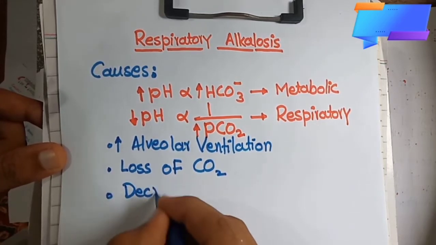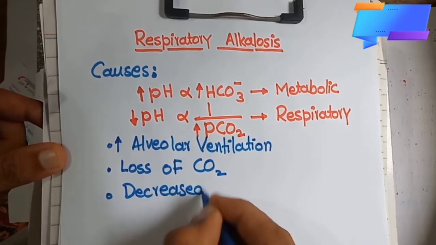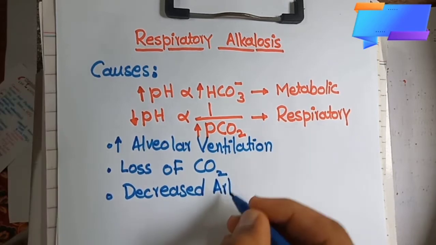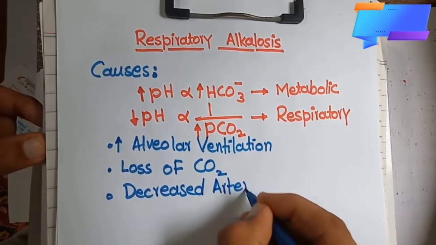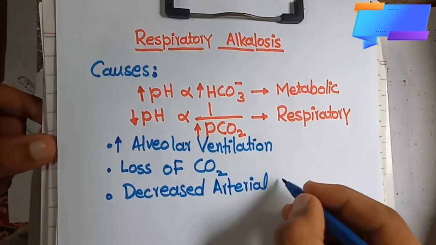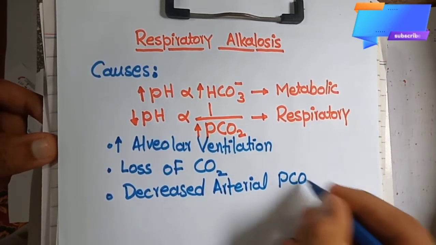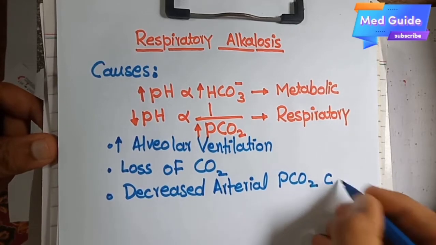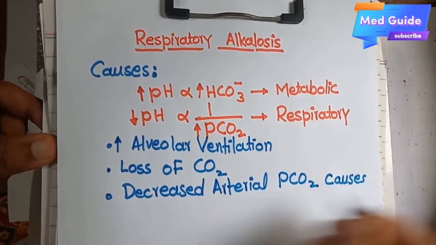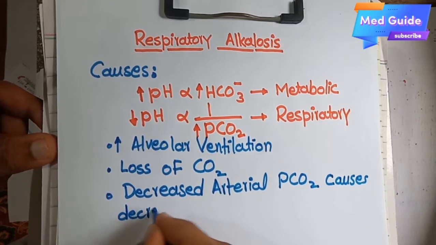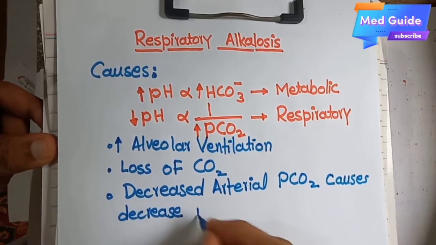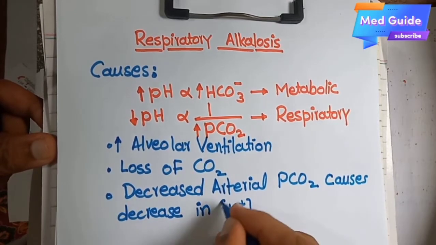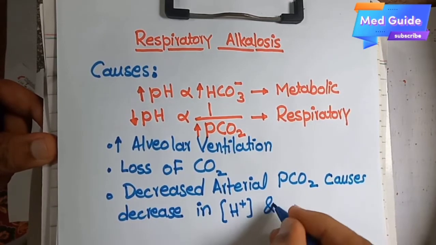Then decreased arterial partial pressure of carbon dioxide. Decreased partial pressure of arterial carbon dioxide causes a decrease in hydrogen ion concentration and bicarbonate ion concentration by mass action.